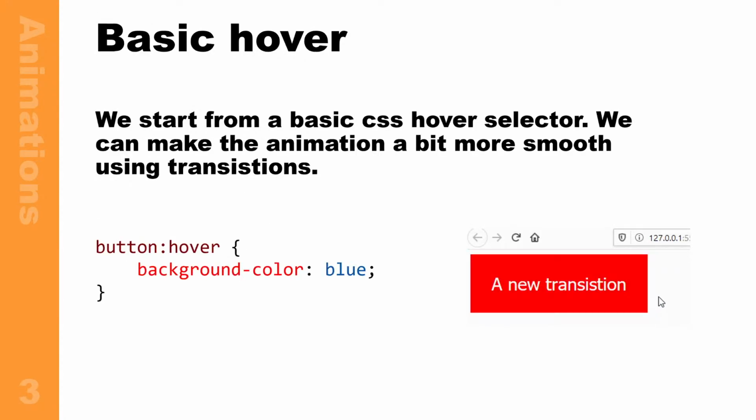Now, a basic hover. You know this, of course. You should know this. So we start from a basic hover. You have your selector, which in this case is the element button. And we can make the animation smooth by using transitions. What do I mean by that? As you can see in my example GIF, it's blue and red immediately.